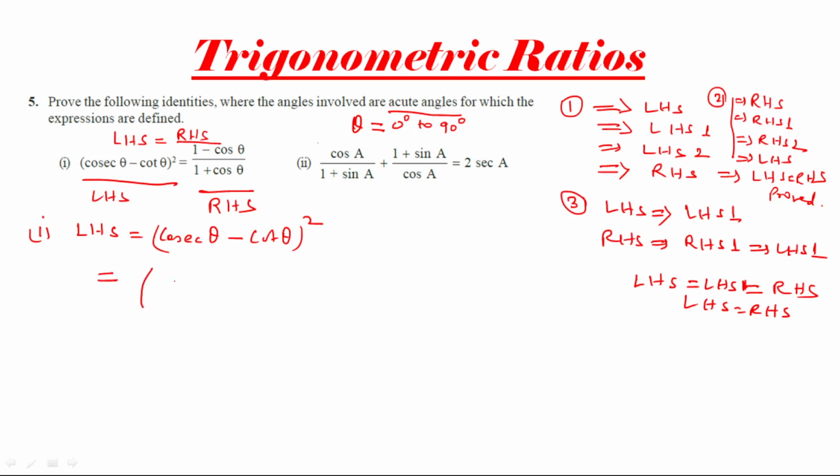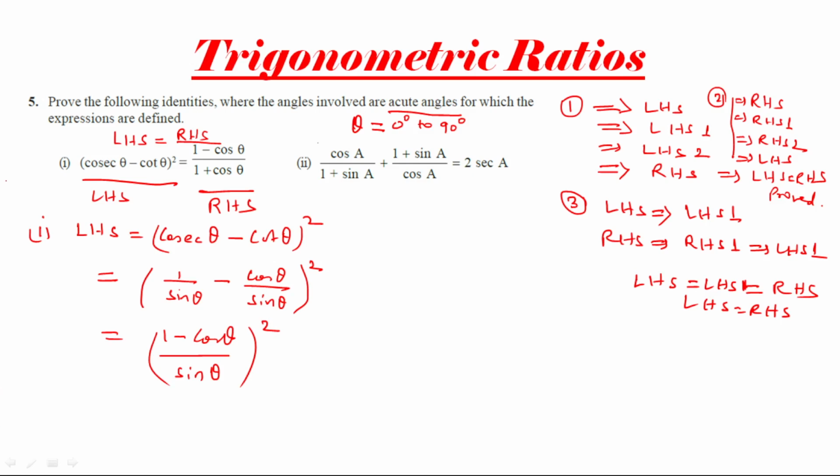Cosecant theta is 1 by sin theta, minus cot theta is cos theta by sin theta, whole square. This will give us (1 minus cos theta by sin theta) whole square.